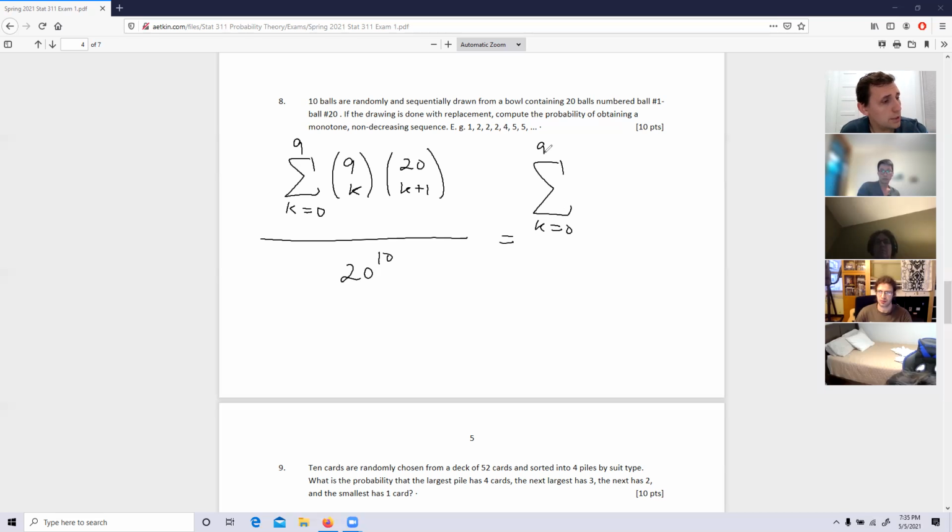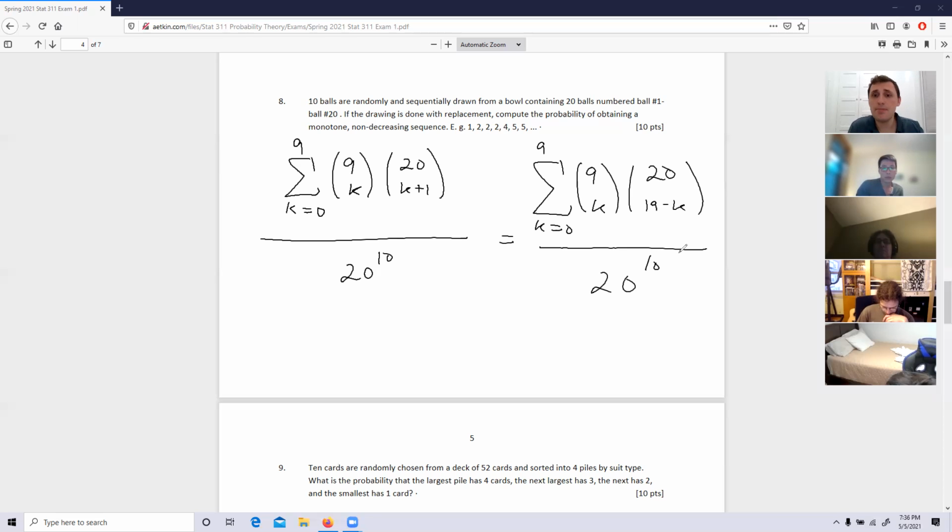K from 0 to 9, 9 choose k, and here we have 20 choose 19 minus k. I can write it this way, divided by 20 to the power of 10. Yes, because you see, guys, 20 choose k is the same as 20 choose 20 minus k plus 1, which is 19 minus k.